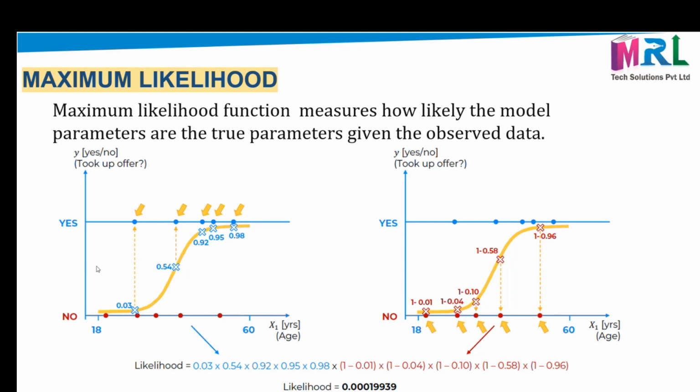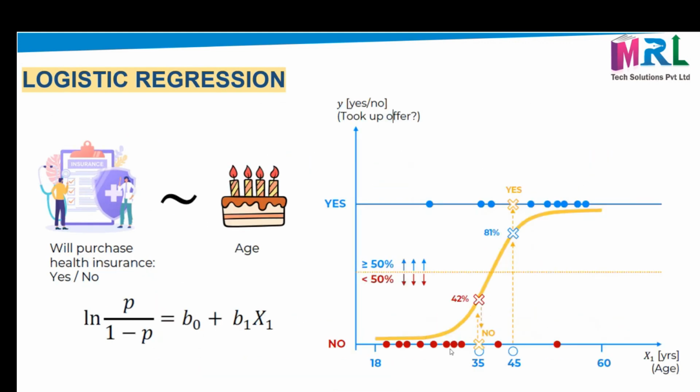So how it will classify this as 0 and 1 is, look at this one. This curve is called the sigmoid curve. Here this is the probability, and this is the least probability. Now you can come to the age of 35. When you have the point of intersection in the sigmoid curve, it is around 42%, that means 0.42.